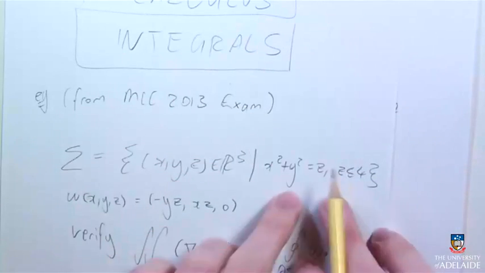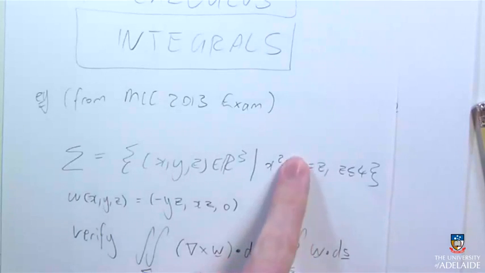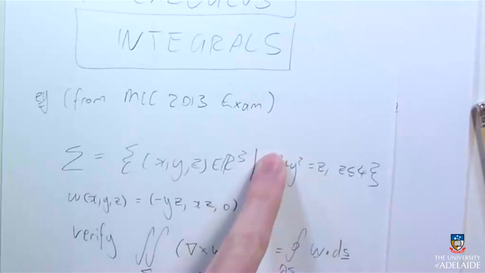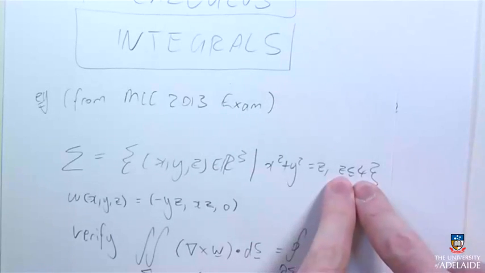It's z equals x squared plus y squared, and I know that that's sort of parabola shaped, because when I pick y to be 0, I get z equals x squared, a parabola in that direction, and when I pick x to be 0, that's a parabola in that direction, and in fact it's a parabola in every direction. This is an elliptic paraboloid in the language of Maths 1B. But I'm only allowed to use the z's that are less than or equal to 4.